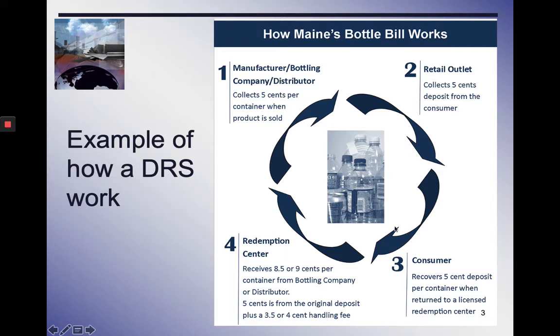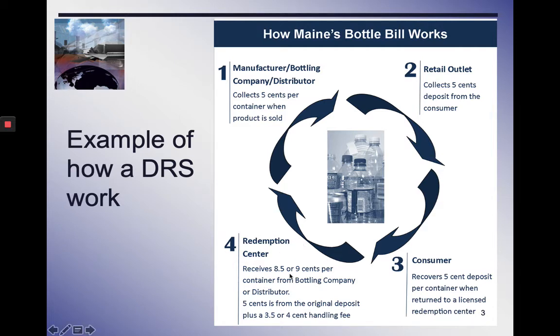And then you as consumer, you drink your water and you want to return the bottle because you remember you have deposited 5 cents. So what you do is you take the bottle to a redemption center and you will recover your 5-cent deposit per container. When you return it to a licensed redemption center, there must be a licensed redemption center because the bottle needs to go back to the manufacturer or to the bottling company.